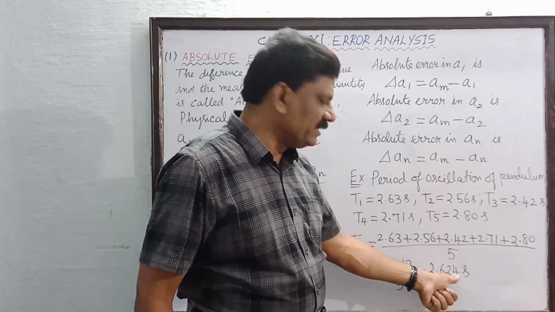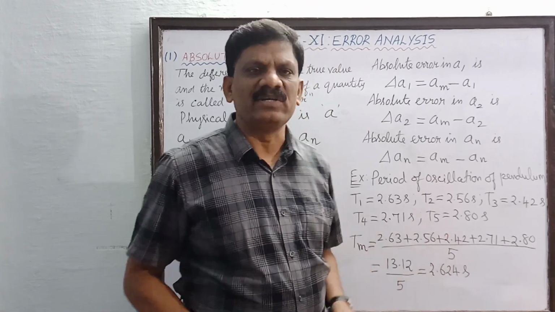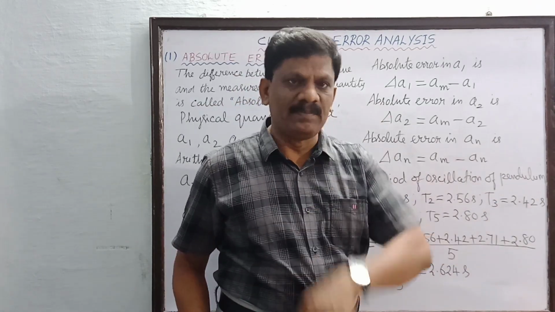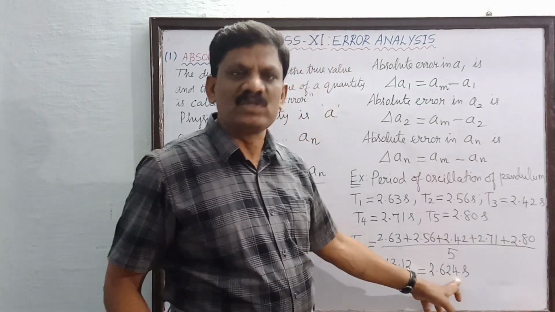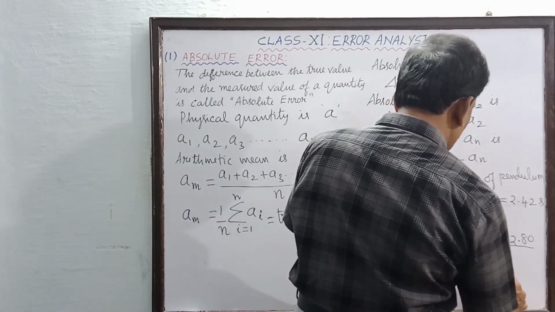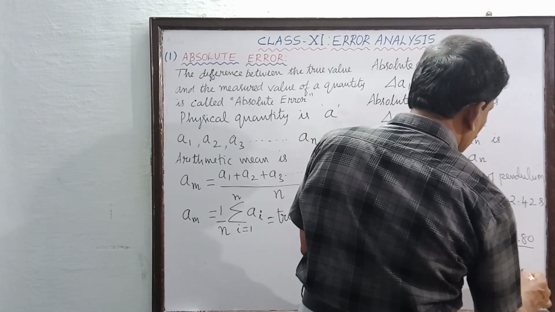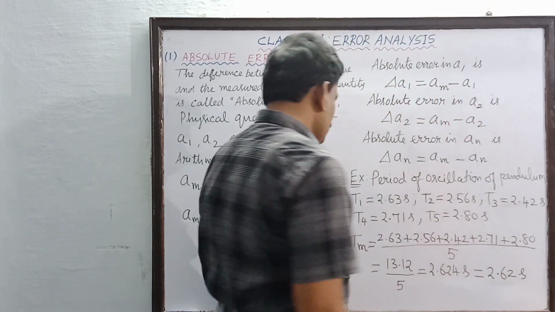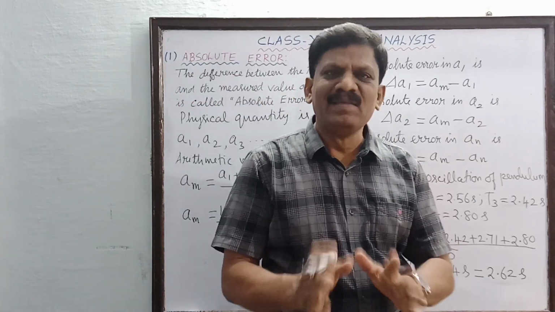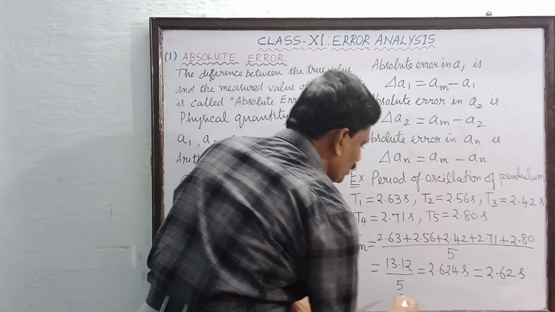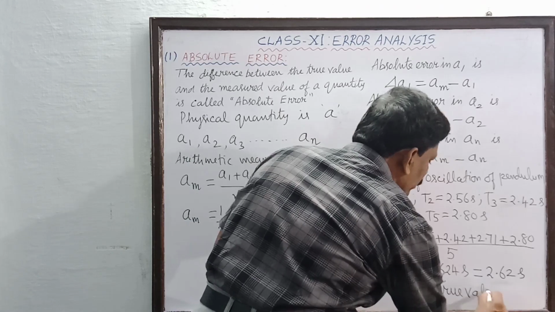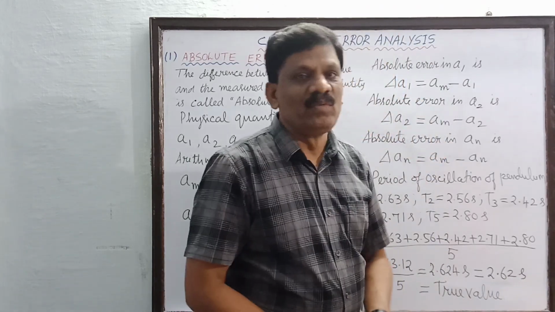The last digit is less than 5, so it can be dropped. If it is 5 or above 5, we have to add 1 to the previous digit. But it is less than 5, so I drop it. So T mean is equal to 2.62 seconds. This is the mean value only, which is equal to the true value. The mean value is also called the true value.